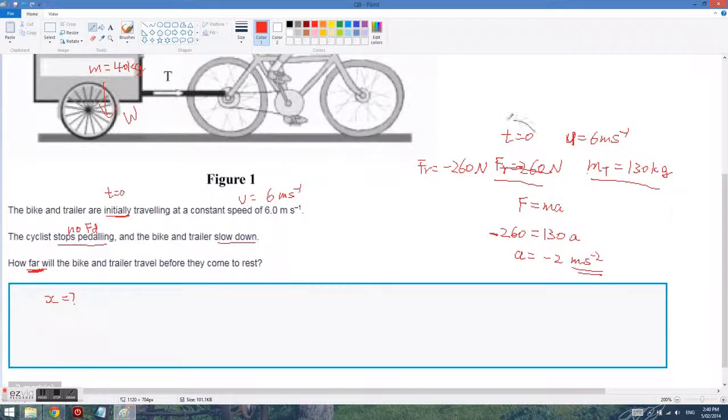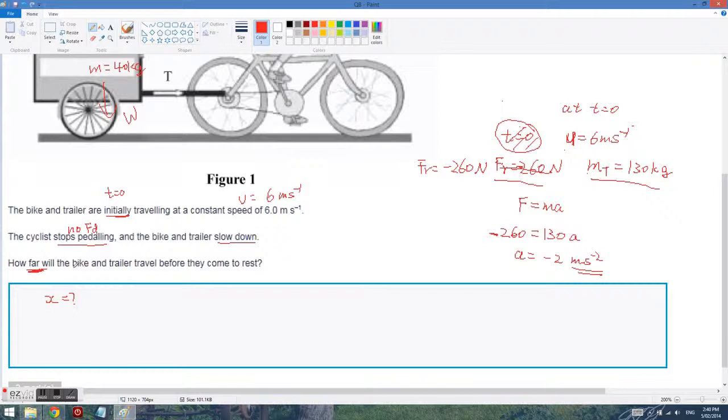Then we have a look. I don't know t. How far? Let me write it down at t equal to 0. Let's read the last sentence again.